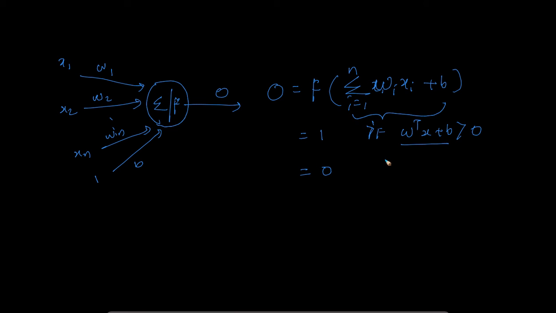The output will be 0 in other cases. So the perceptron is the simplest neuron model with output either 1 or 0. We will see how to train this neuron model by using algorithms like stochastic gradient descent in the coming videos.